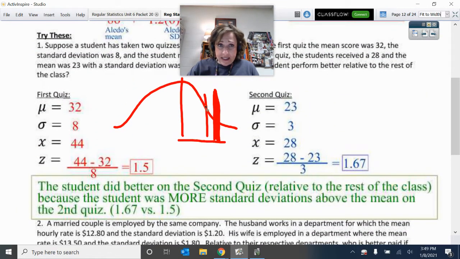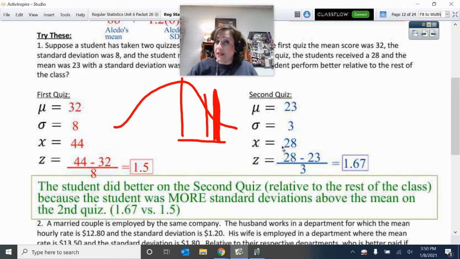So, for example, in this case, if you remember, we were comparing how well the student did on the first quiz relative to the other students who took the first quiz, and how well they did on the second quiz. We determined that on the first quiz, the student scored 1.5 standard deviations above the mean.